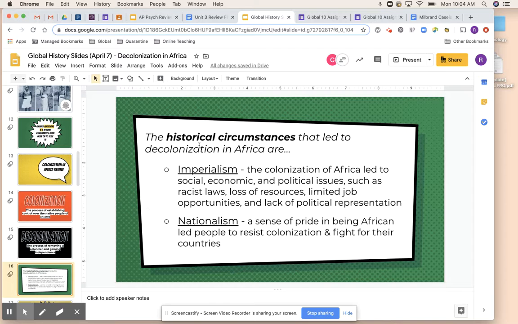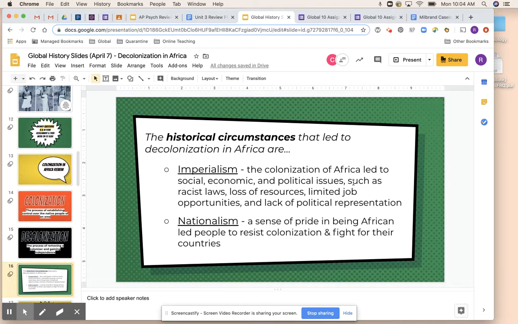But the historical circumstances, aka the causes, that led to decolonization in Africa were, one, imperialism. When Africa was colonized, it led to social, economic, and political issues such as different racist laws, loss of resources, limited job opportunities. They didn't have political representation. This is all because of the Europeans who colonized and came and took over that land.